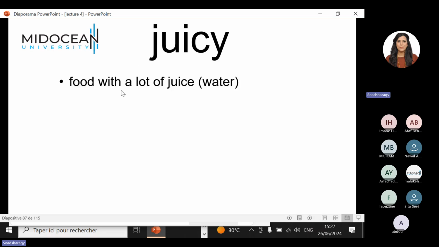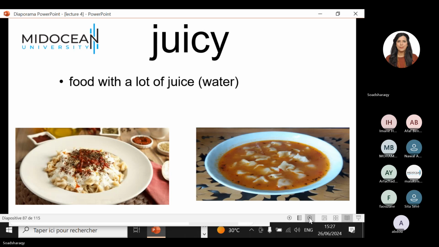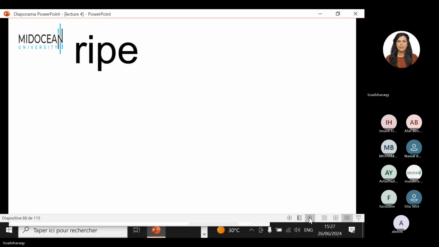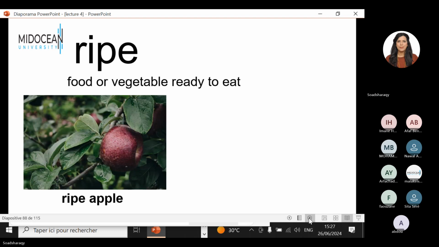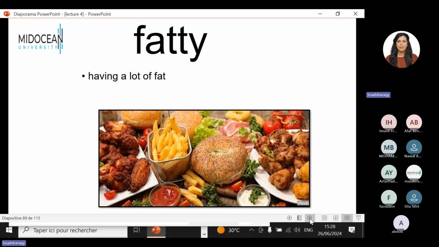Juicy now means food with a lot of juice or water. Ripe means food or vegetable ready to eat. Ripe apple. And this is unripe apple. Fatty, okay, having a lot of fat.